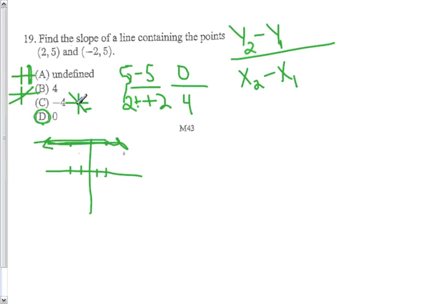So when they give me 4 different slopes, undefined, 4, negative 4, and 0, they've given me a positive, negative, 0, and undefined, and I can just plot them out and draw a line. Or you can just calculate as we did here using the slope formula.